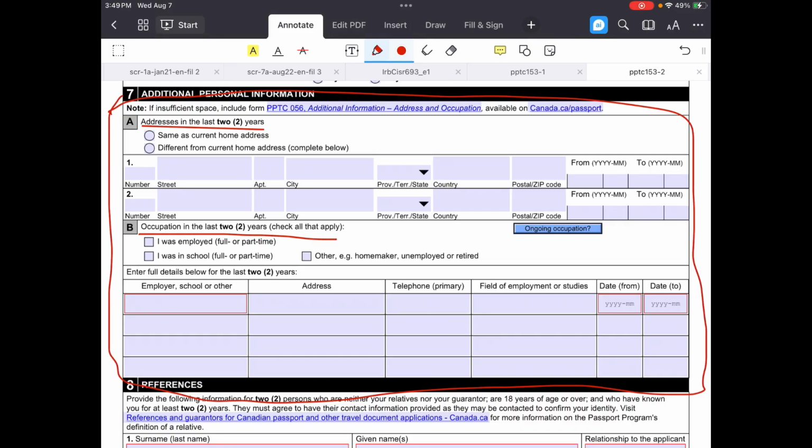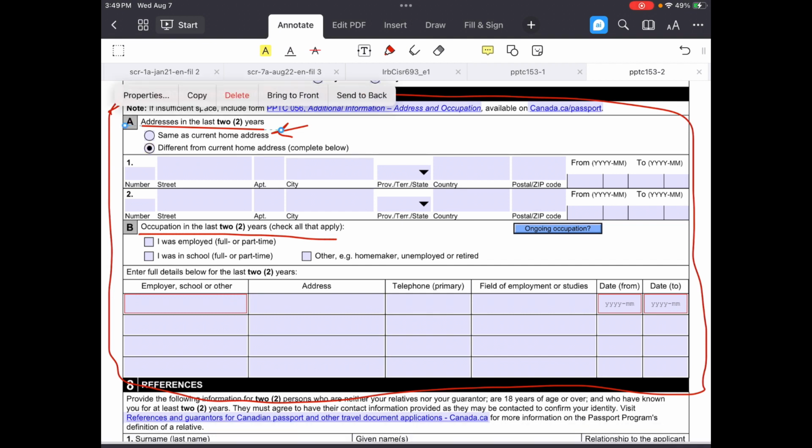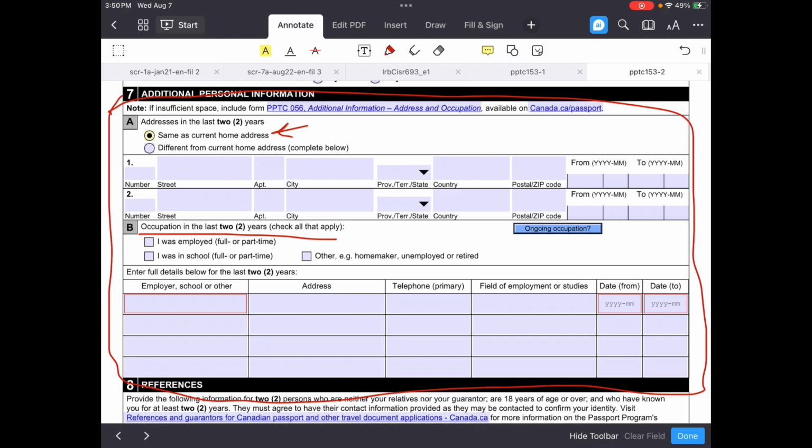It's very easy and straightforward. If your address has been the same for the last 2 years, you just pick this option, same as current address.